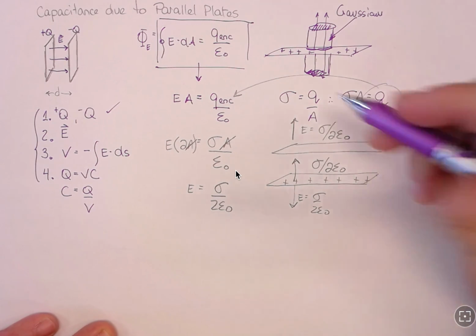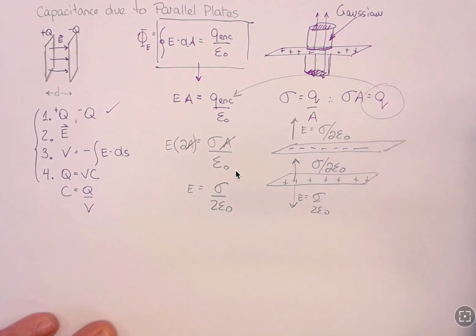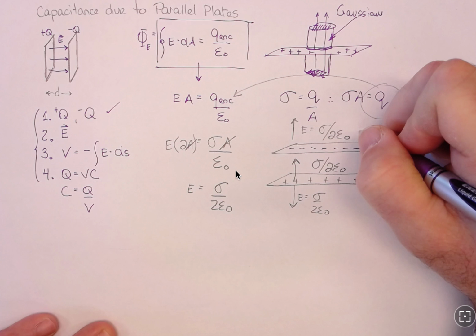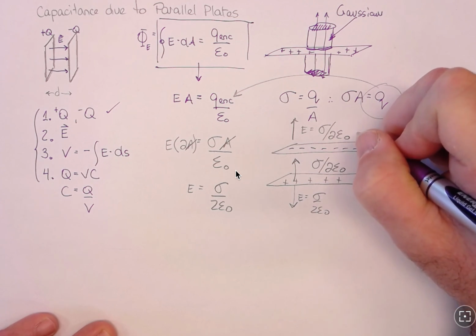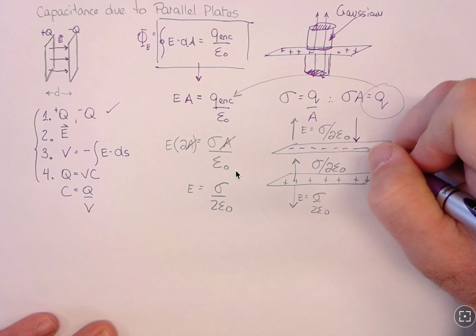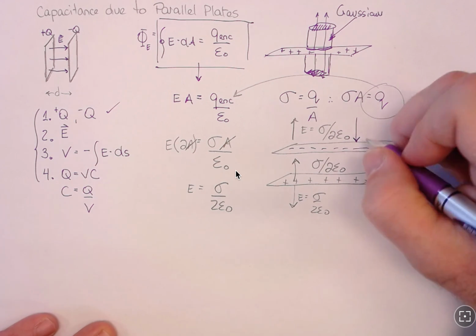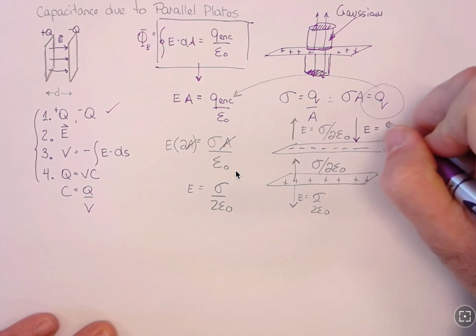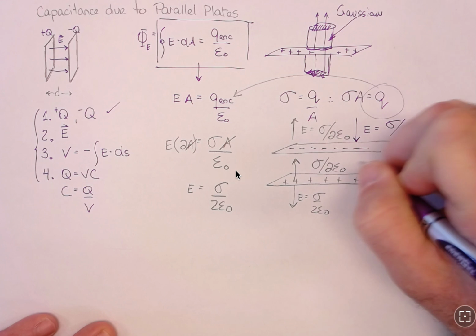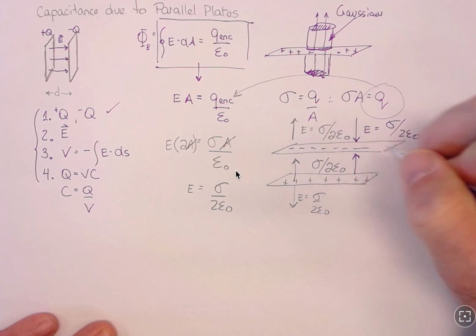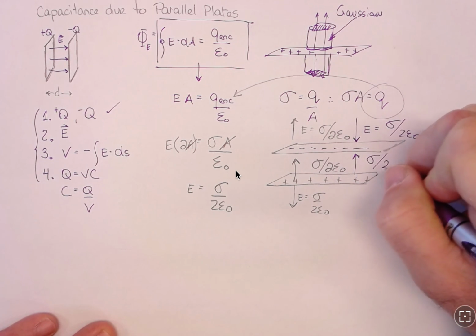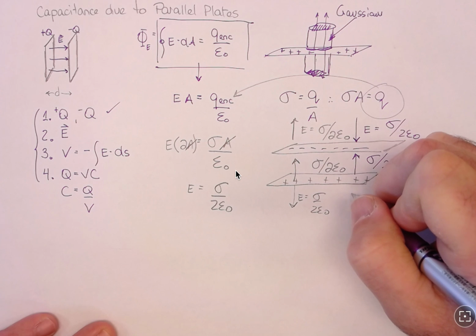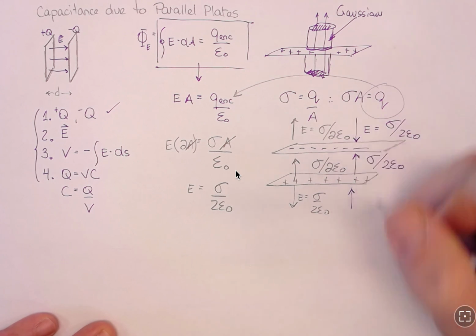If I look at the electric field due to the negative plate, the upper plate, we can see that it is going to be directed towards the plate because it's negative. A positive test charge will be drawn towards it, so the electric field is also going to be sigma over 2 epsilon naught, towards the plate. And down here, it's also going to be up towards the upper plate.